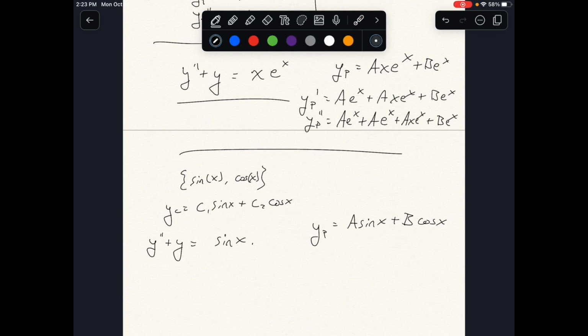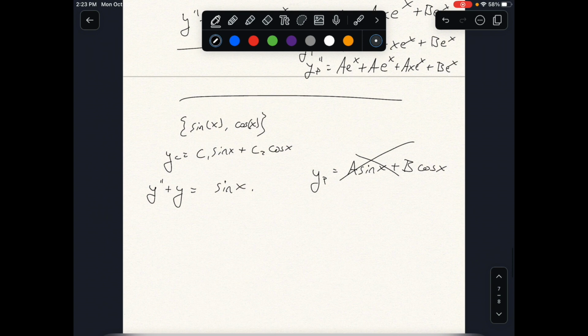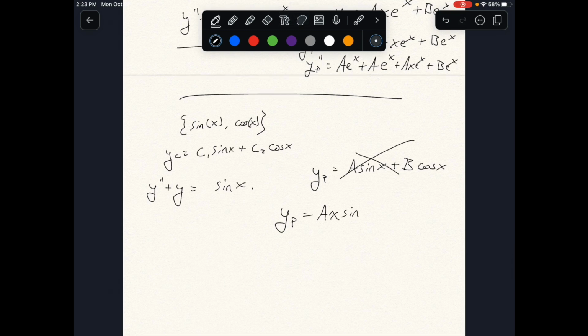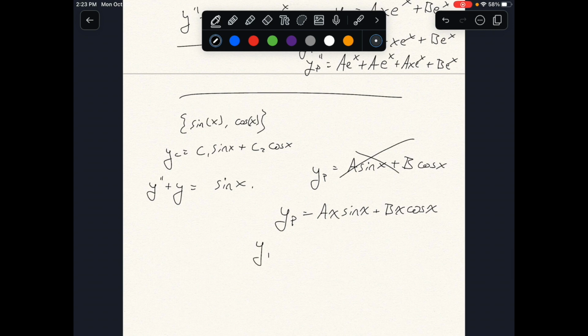So to fix this guess, what we'll do is multiply any terms that get duplicated in our complementary solution by x. So you do ax sine of x plus bx cosine of x. Just multiply both of those terms by x because they're both showing up in your complementary solution. I probably wouldn't do this one specifically on an exam because you just have to keep doing a bunch of product rules.